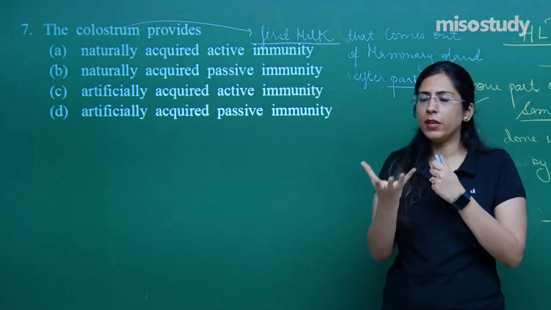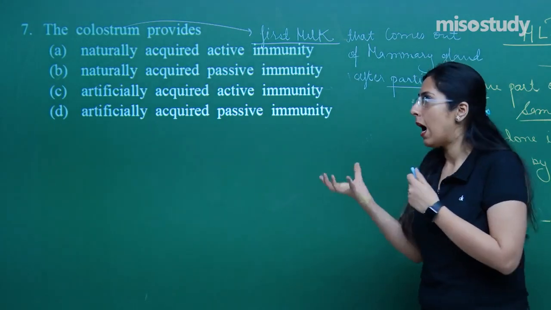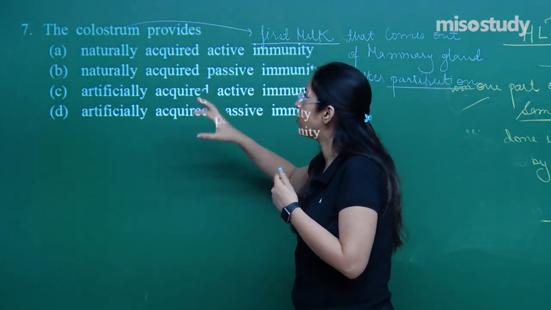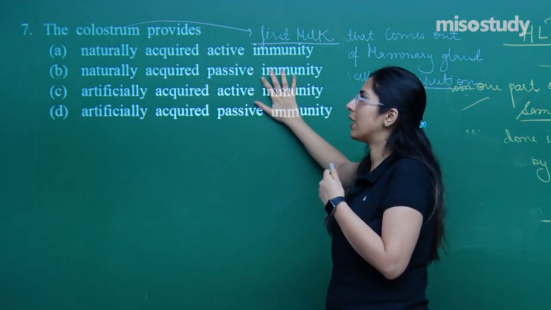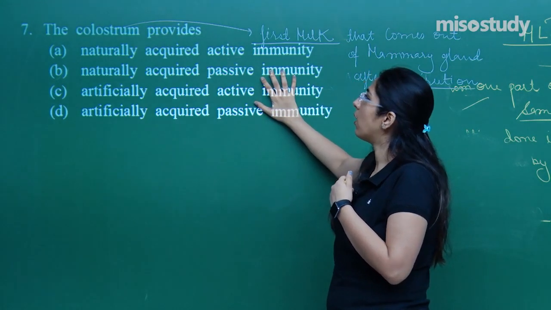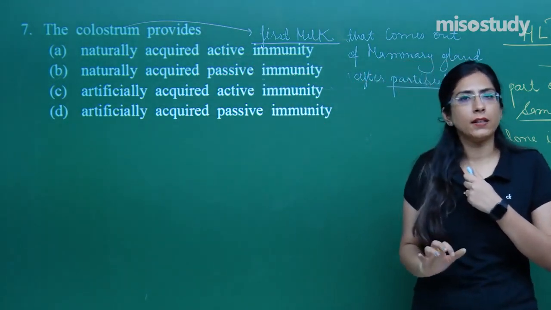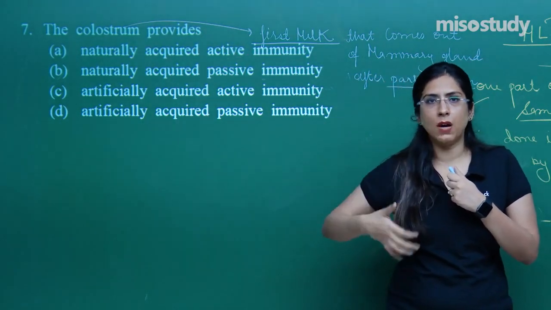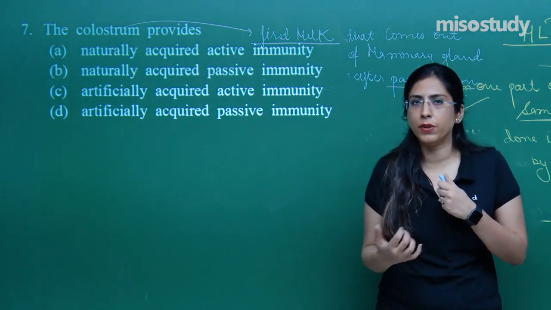So when the baby is born, it is always suggested to feed that baby the first milk. And this is a natural process, so this is called natural. So A and B can be correct options, but we have to find out whether it is active or passive. We have already discussed that active immunity is that in which our own immune system starts producing antibodies.